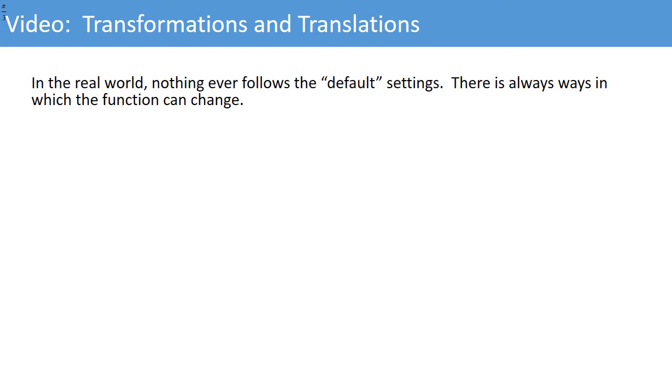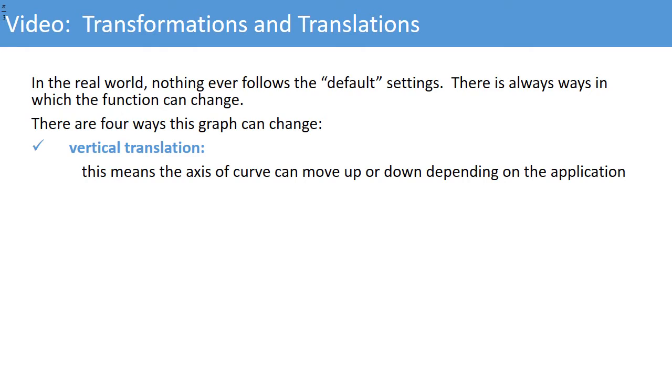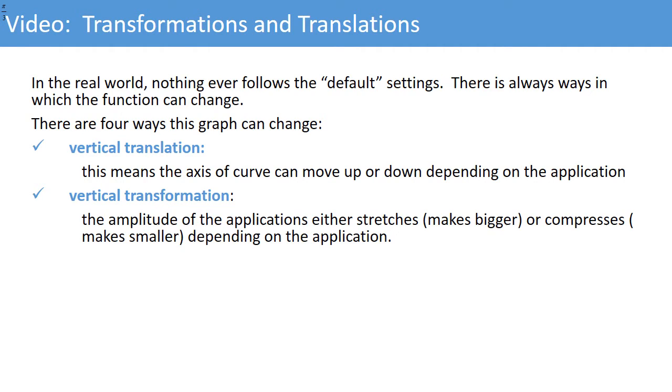In the real world, nothing ever follows the default settings. There are always ways in which the function can change. Let's review these. There are 4 ways this graph can change. Vertical translation. This means the axis of curve can move up or down depending on the application. Vertical transformation.